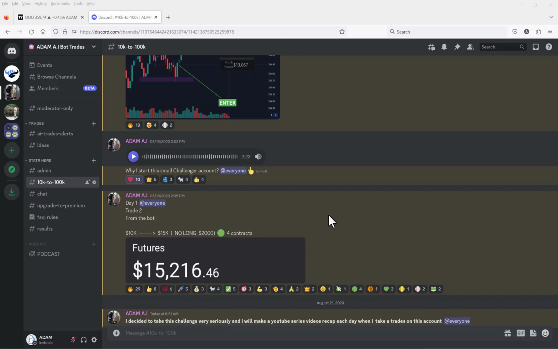Honestly, it's much easier than options. You go long, you go short, that's it. If you want to go small, you take MES. If you want to go heavy size, you take ES. Margin required is different from broker to broker. Personally, I use TradeStation. So this is day one.